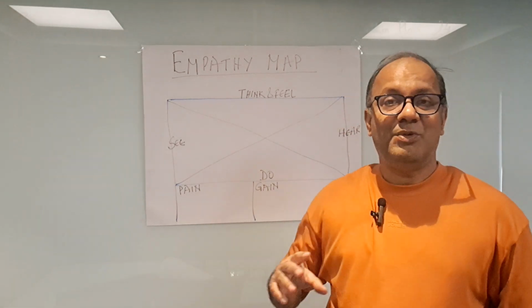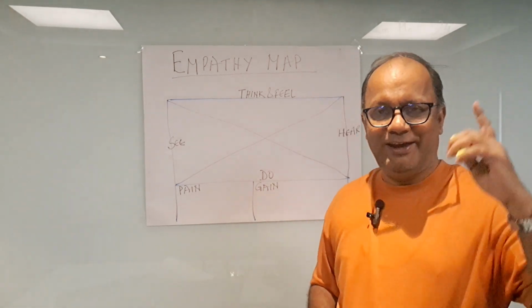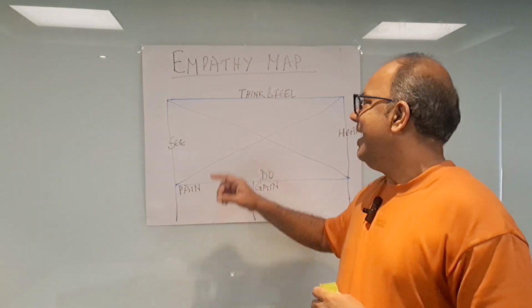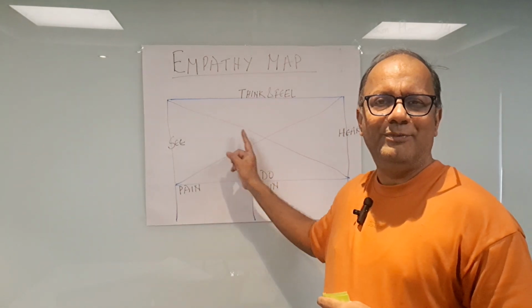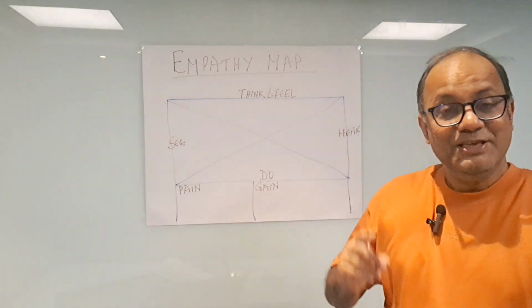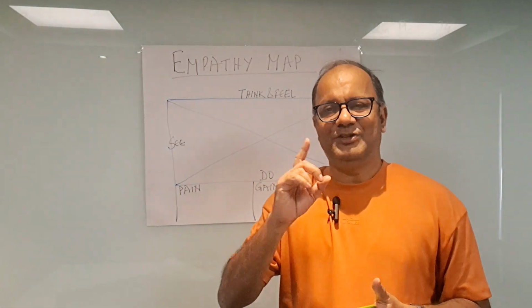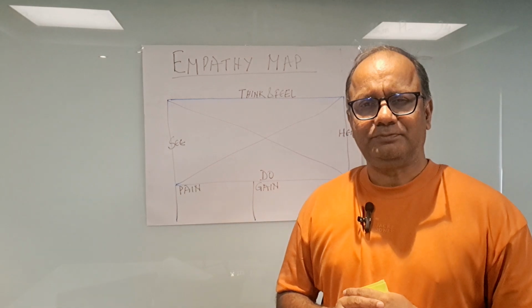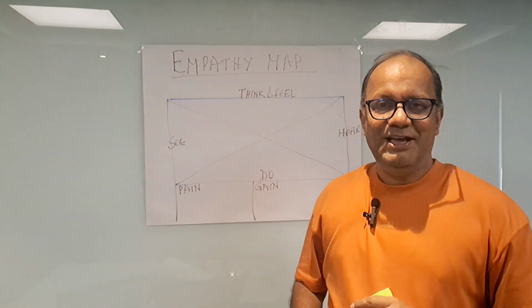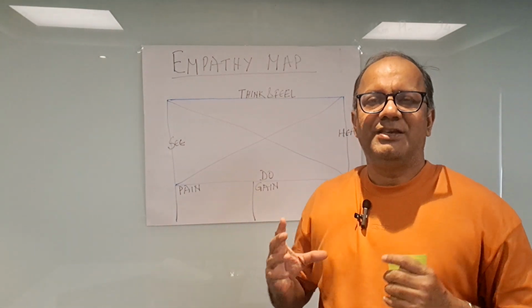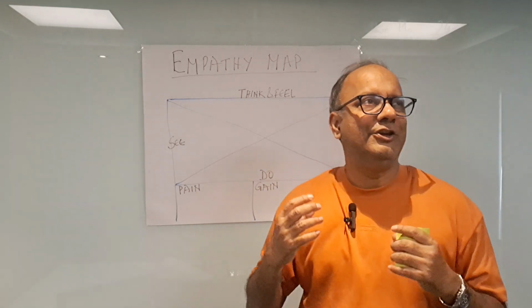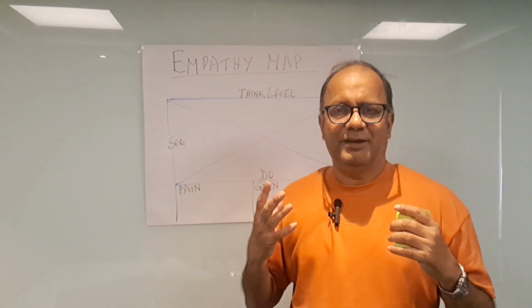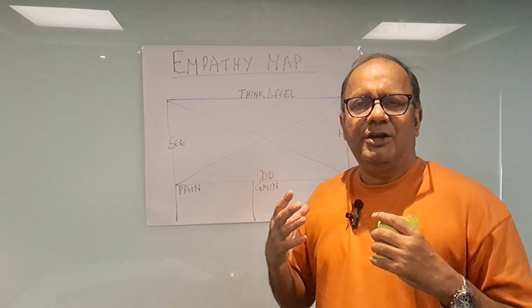So now we're going to use that example of innovation in HR and see what kind of information comes in. Let me share the first thing, the think and feel section. So in the think and feel section, what comes in? Now remember, the think and feel section is something your user thinks, either good or bad.